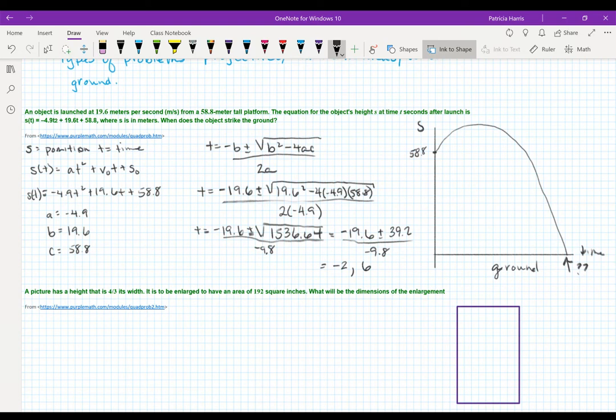A negative time doesn't make sense, but a positive time does. So our object would hit the ground at 6 seconds.